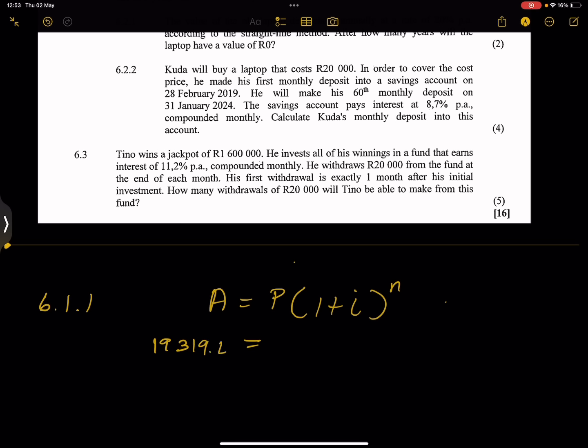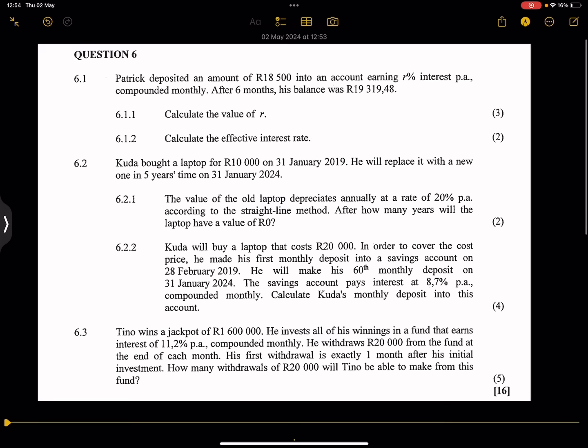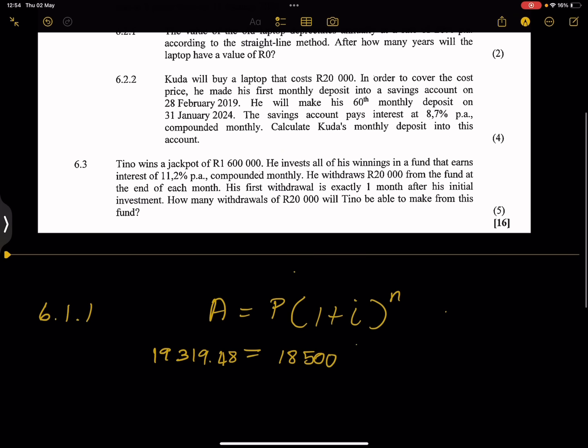19,319 and 48 cents. And the principal amount was 18,500, right? But we know in this case this would be 1 plus. Now remember, this would be on a monthly compound interest, so that's i over 12, right? And in this case, that would be n times m, so that's half of a year.